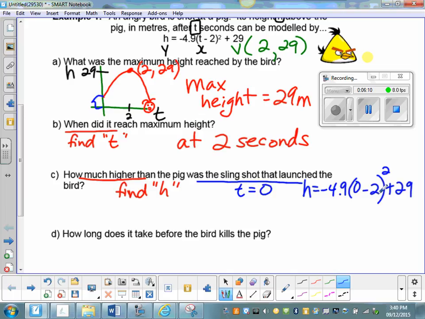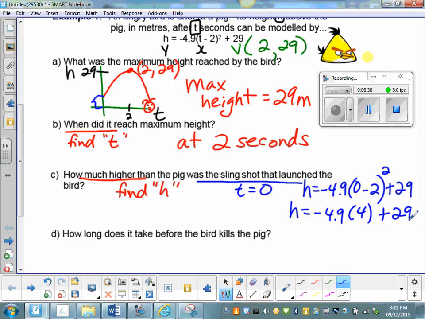And then we can solve this equation for h. We can just go ahead and calculate this. We do need to figure out what we get with the bracket and the exponent first. So negative 2 we end up with in the bracket, and if we square that we get 4.